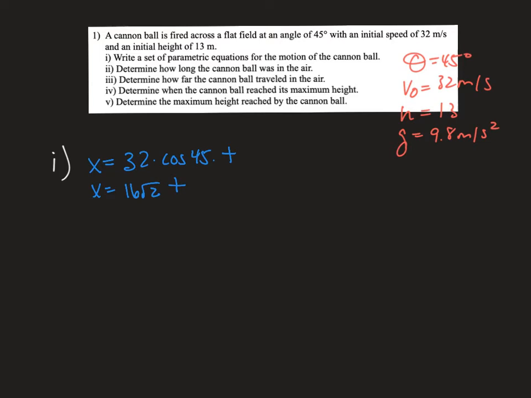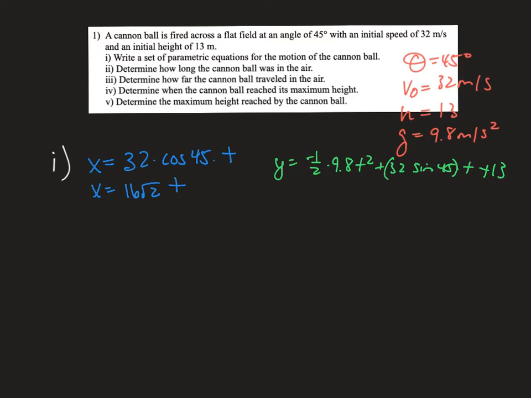And of course, if you want a decimal, just pay attention to what my math lab wants. Your y is going to be negative 1/2 times 9.8 t squared plus 32 times the sine of 45 times t. That whole thing is going to be one number. And then plus my 13.